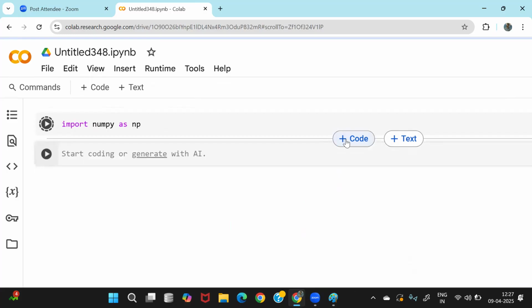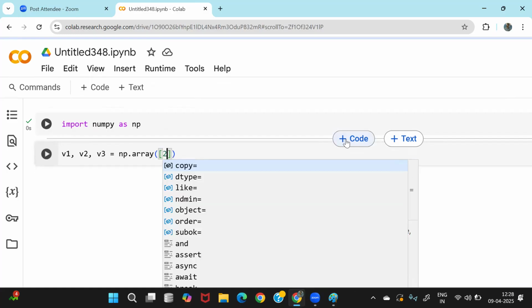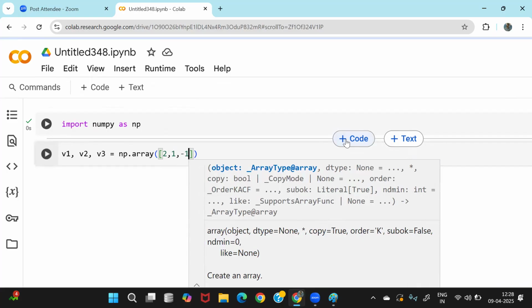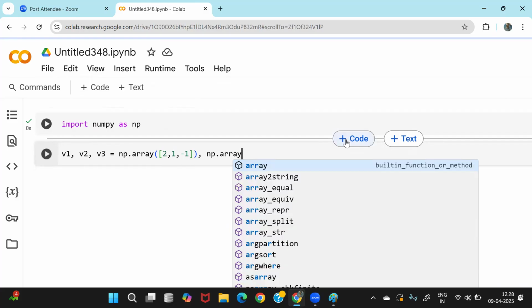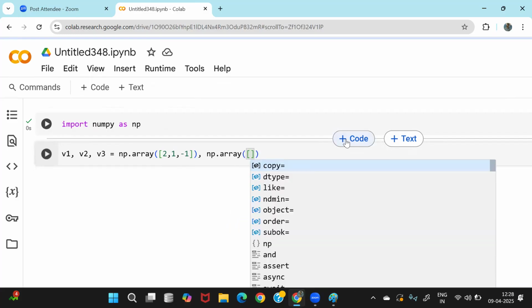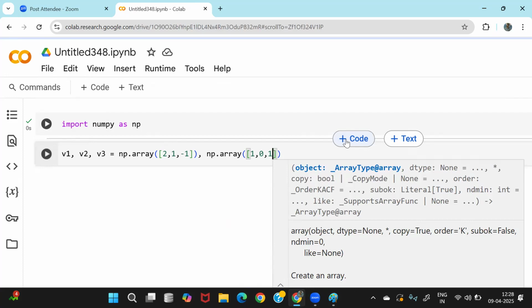I take three vectors, vector 1, vector 2, and vector 3. Vector 1 is a NumPy array having elements 2, 1, minus 1. Vector 2 is also a NumPy array having elements 1, 0, 1.